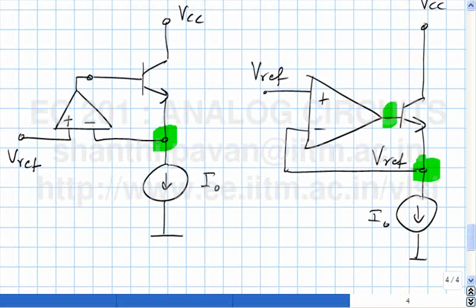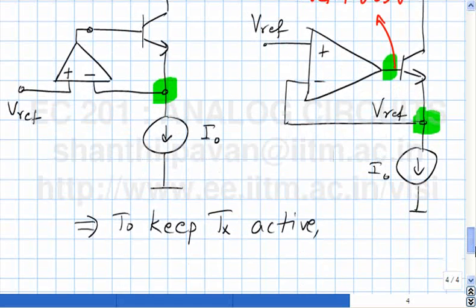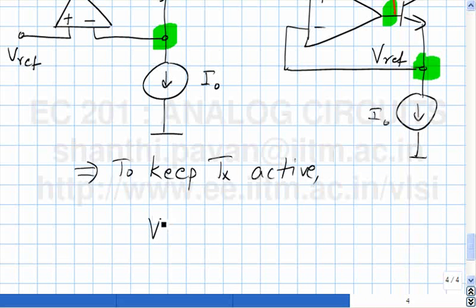Approximately, it is Vref plus 0.65 volts, which means to keep the transistor active, Vref plus 0.65 volts must be less than the collector potential, which is VCC.